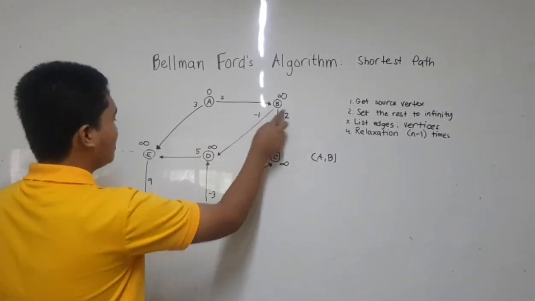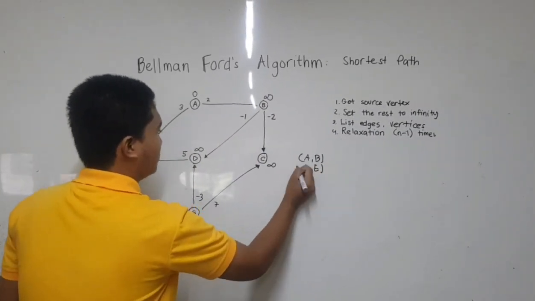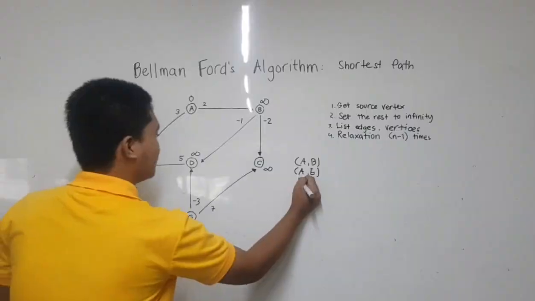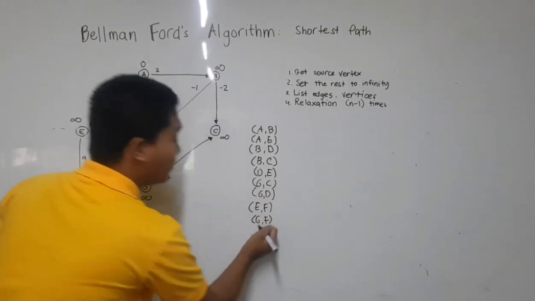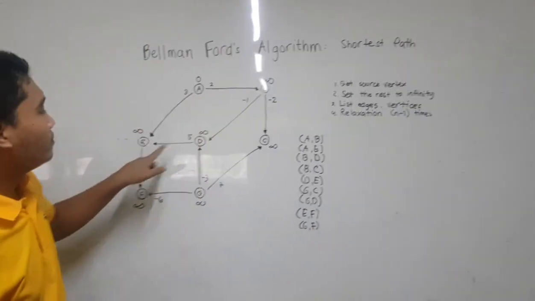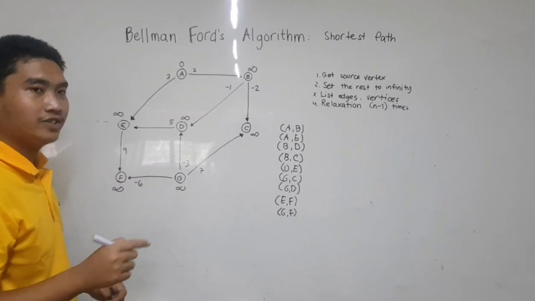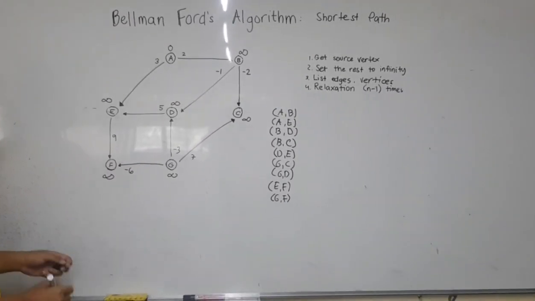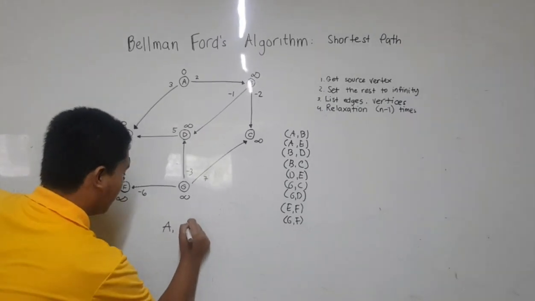So A to B, and then next is A to E, then B to D. Now we have listed all 9 edges of this graph.